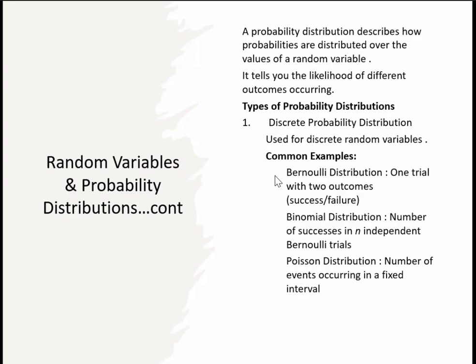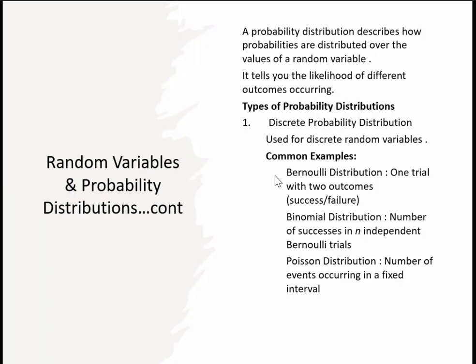Then the last example under discrete probability distribution is what we call the Poisson distribution. This one looks at the number of events occurring in a fixed interval. For example, how many times are we getting the head in 5 flips in an hour.